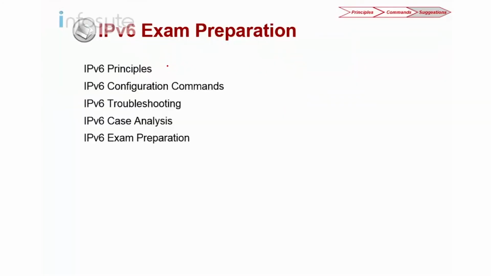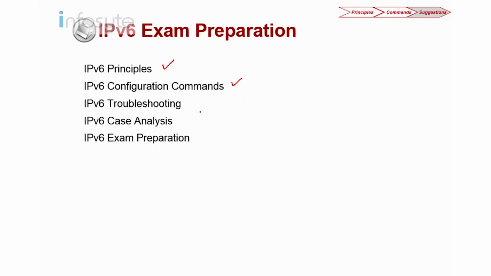Alright, so we almost come to the end here on the IPv6 topic. At the beginning, I mentioned the principle of IPv6, the addressing scheme, and the need for us to have IPv6. I'll just show you some of the configuration commands. Please refer back to your documentation on IPv6.